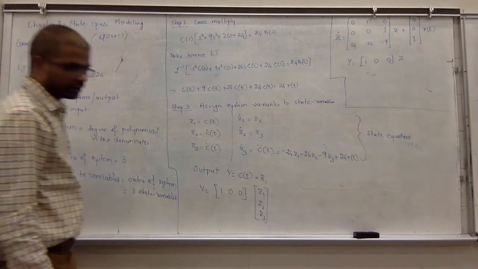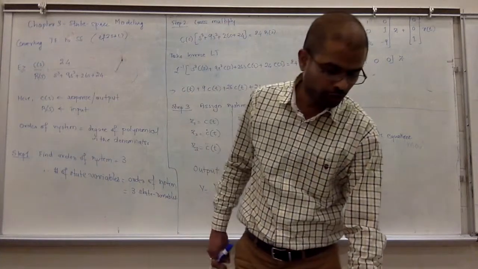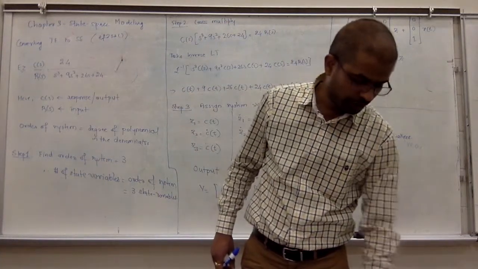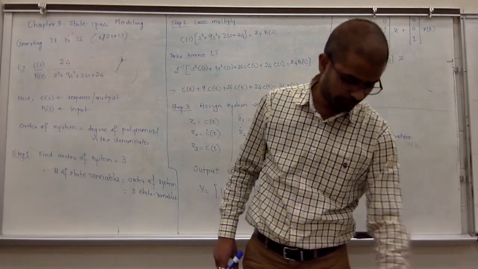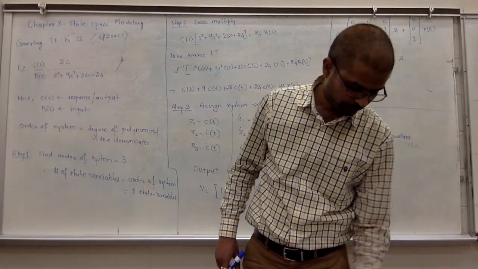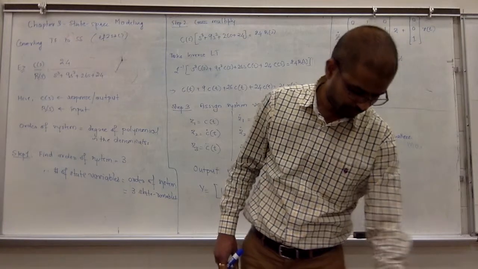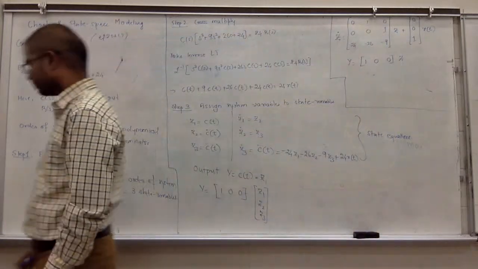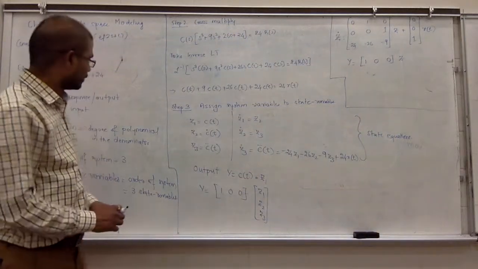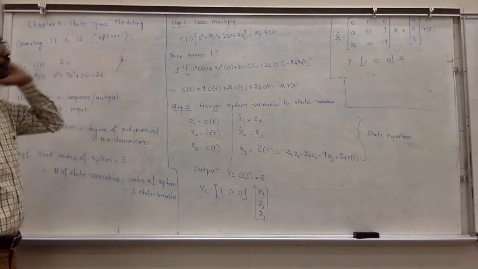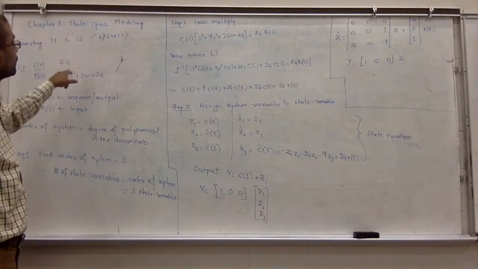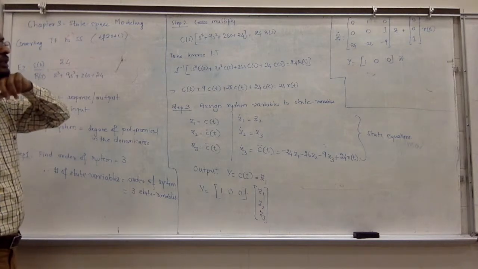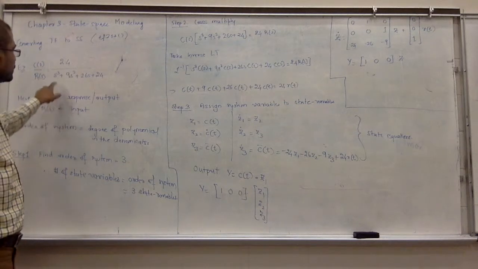Now let's look at what you would do if you have a polynomial in the numerator. In fact, you don't really need to go through this book. If you look at what the pattern is, it's very simple. You have to just look at this.